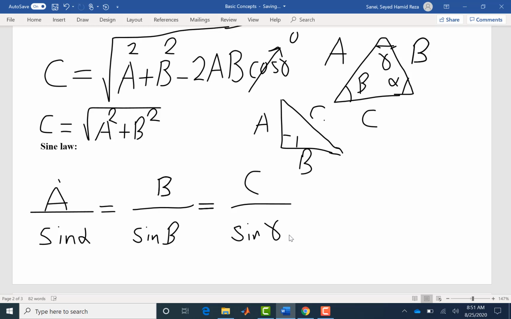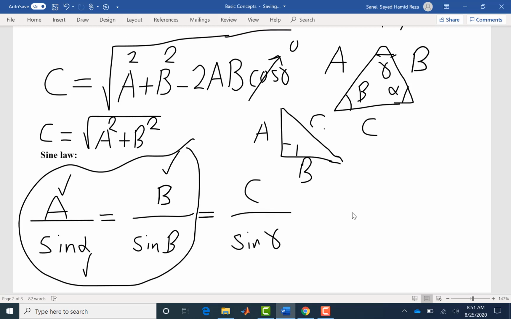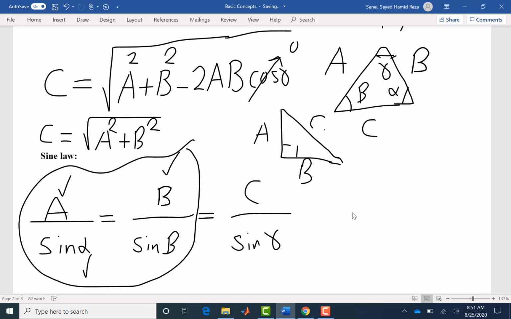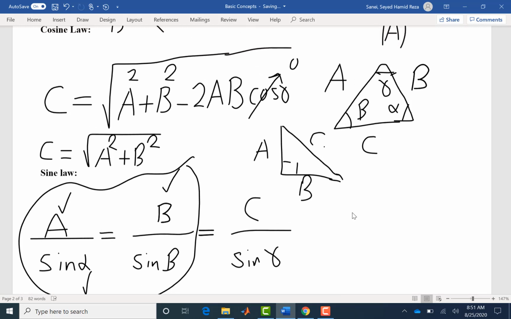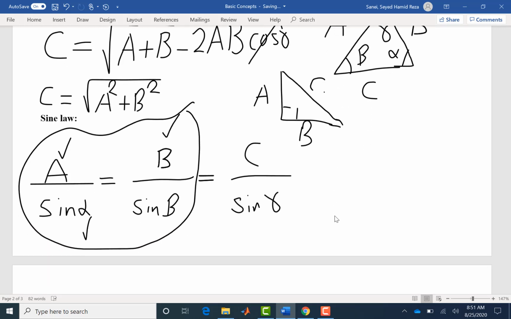Sometimes if you have A, you have B, you have alpha, and you want to find beta, you can use this component of it and find the missing angle. So when you're forming your triangle to find the resultant force or resultant vector, you can use cosine law or sine law to find the corresponding angle or the missing magnitude.